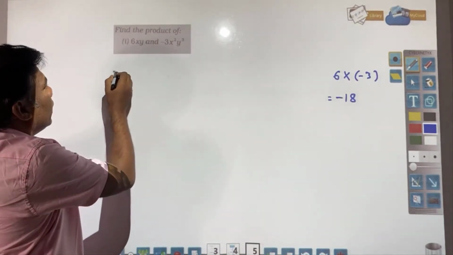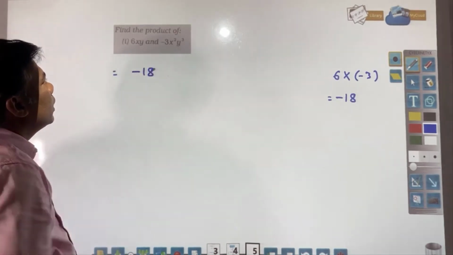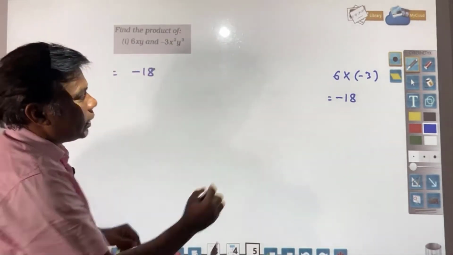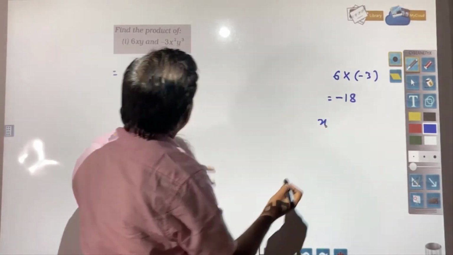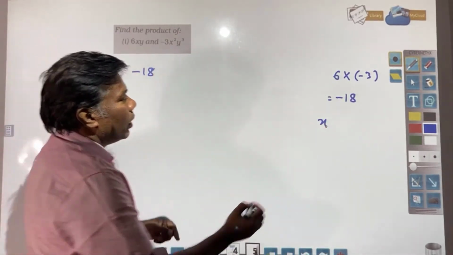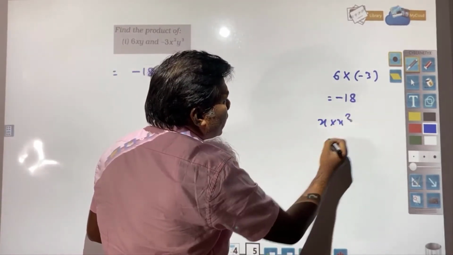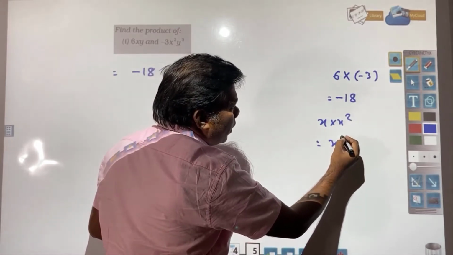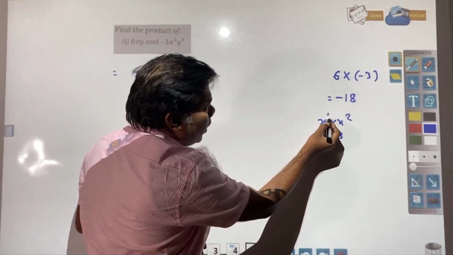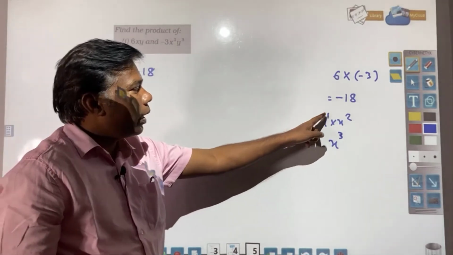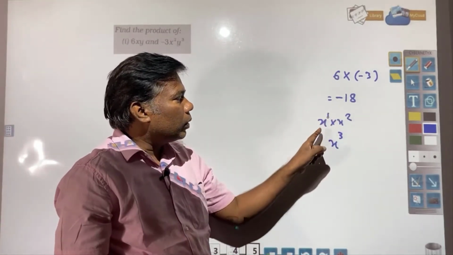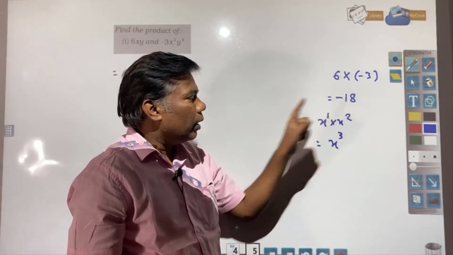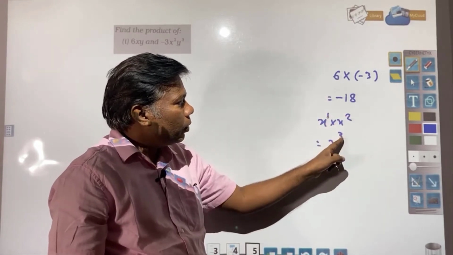So here you will write minus 18 first. Then x into x square. Here you have x and x square, so x into x square will be x to the power 3, because here you have 1. x to the power m into x to the power n is x to the power m plus n. It means 1 plus 2, it will become 3.